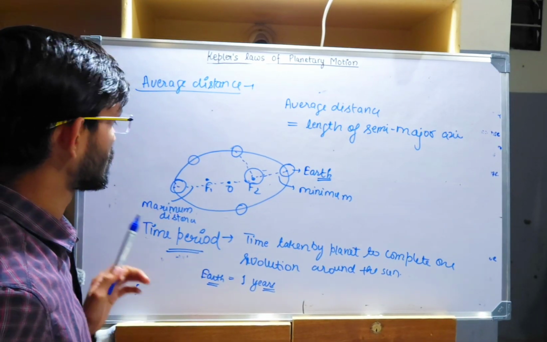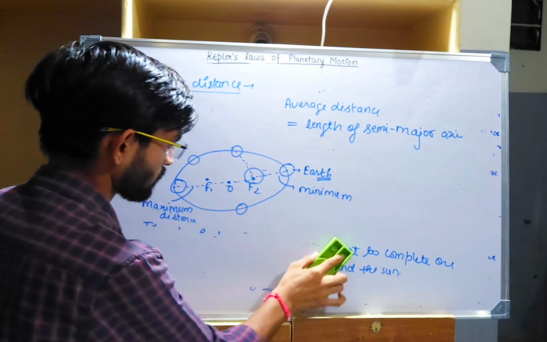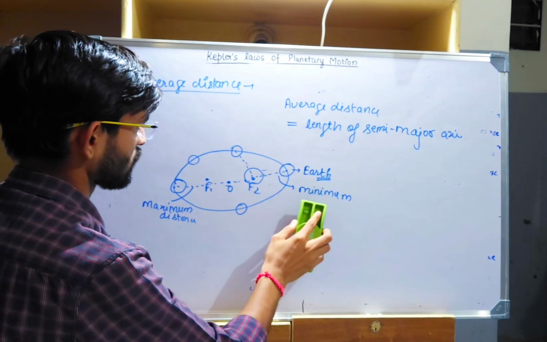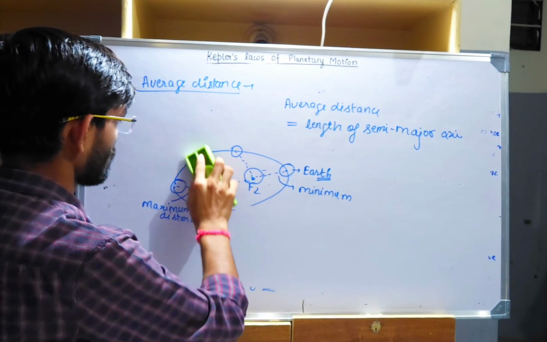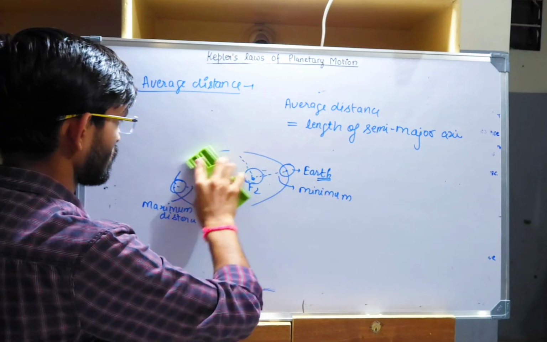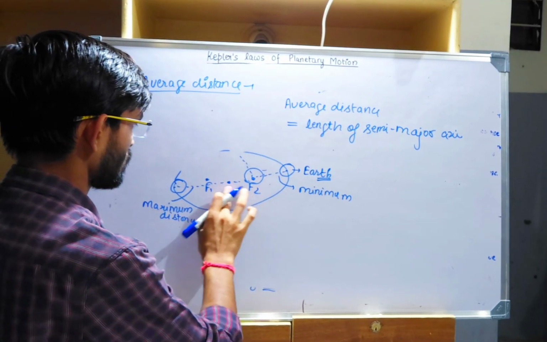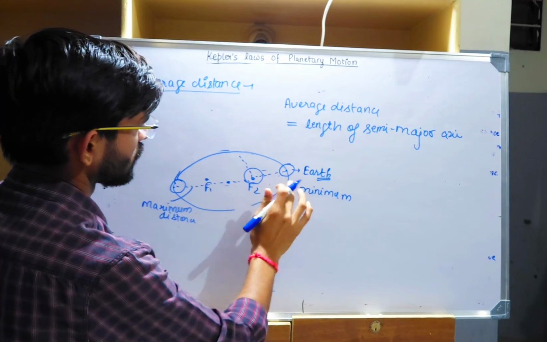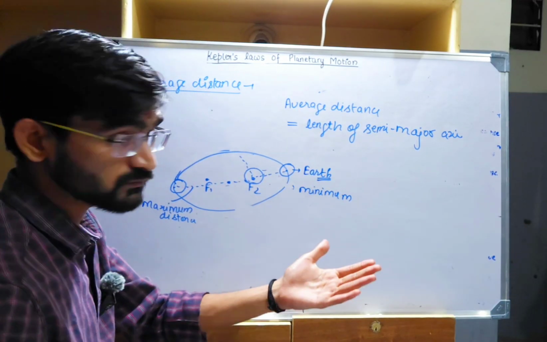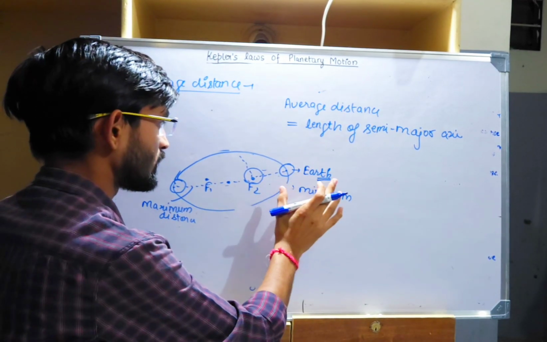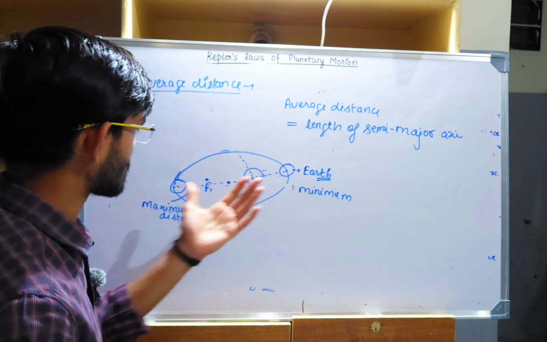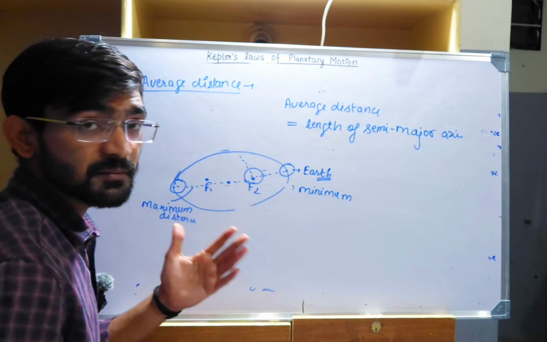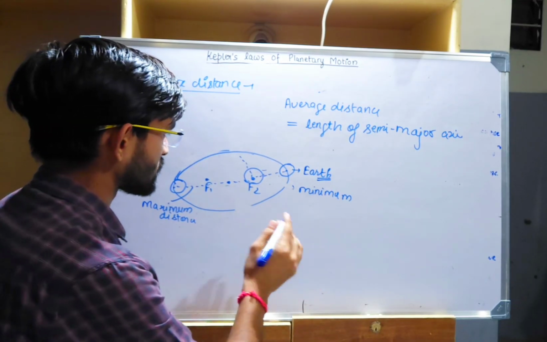These points are clear. Now, at some point in a year, Earth will be at maximum distance from the sun, and at some point Earth will be at minimum distance from the sun.